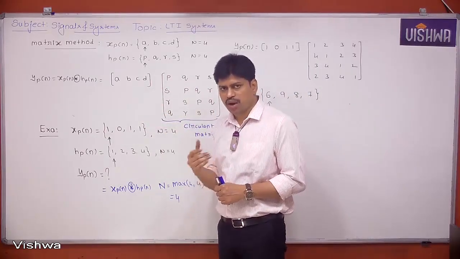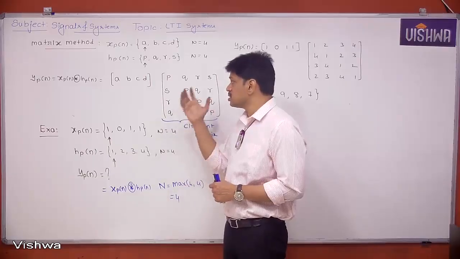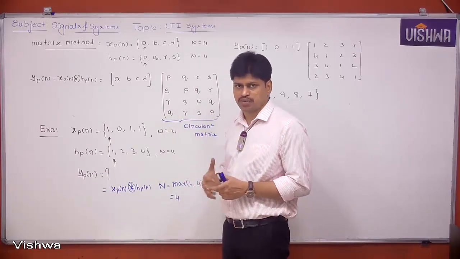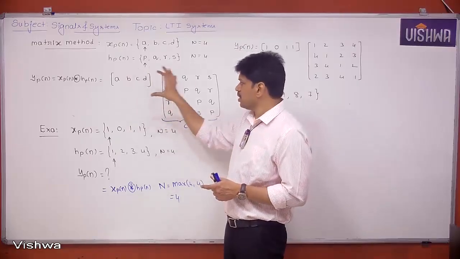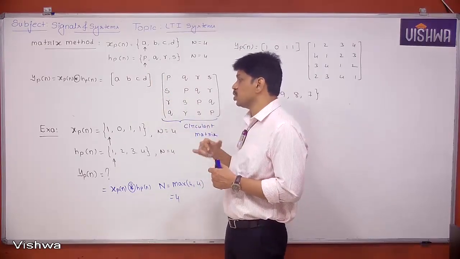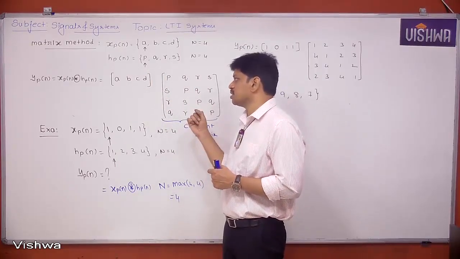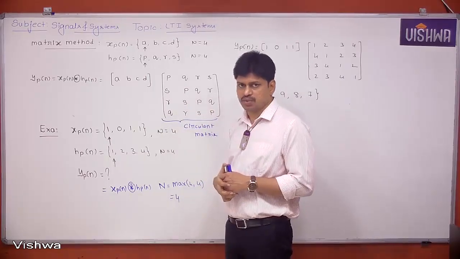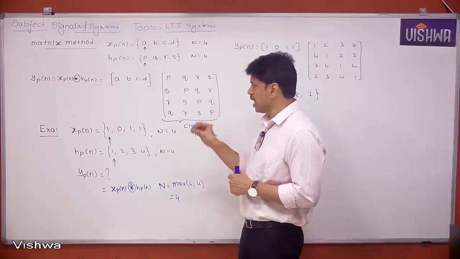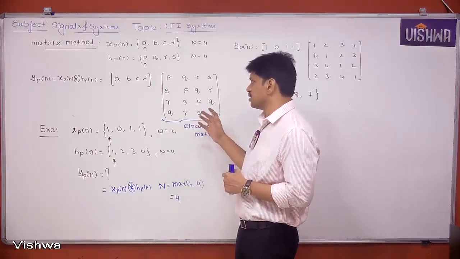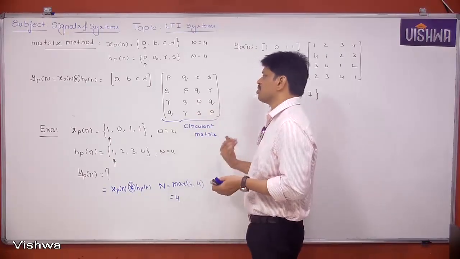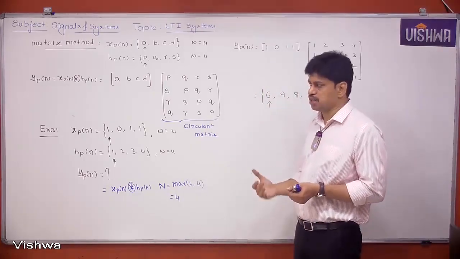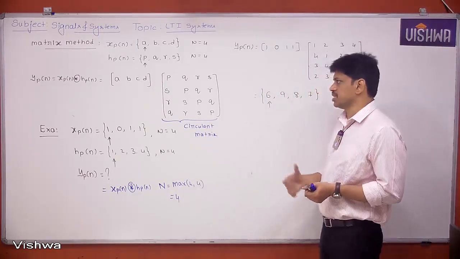From that you have to understand that it is nothing but the circular convolution, that means the operation between two signals, and these two are periodic signals. I hope you understood. That's why I have given you this method, otherwise it is not required. If you perform the circular convolution by the previous method, that is much simpler compared to this one.